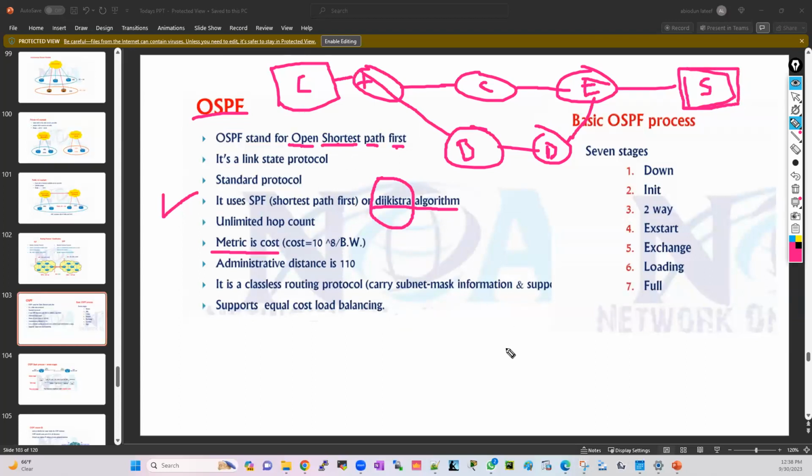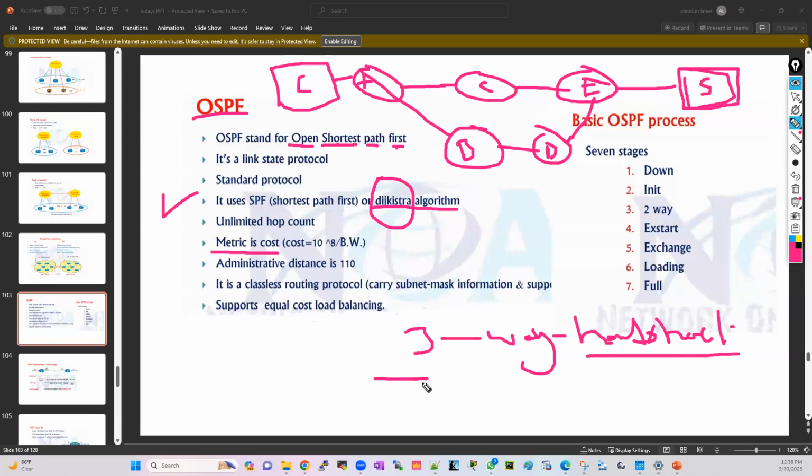Before I move on, do we do three-way handshake here? Do we talk about three-way handshake? Not yet, sir. Mr. Ken, do we talk about three-way handshake? I can't recall, sir. You can't recall, but we talk about TCP.